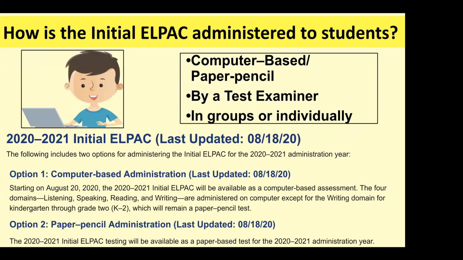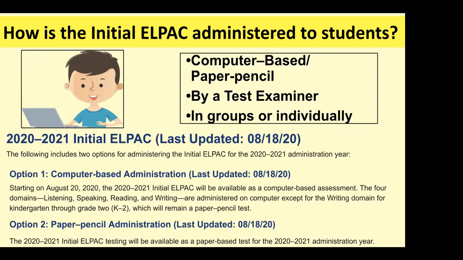How is the ELPAC given to students? The ELPAC should have already transitioned from paper pencil to a computer-based test. However, due to COVID, they extended the time to use the paper pencil. The test is given by a trained test examiner. For our youngest students in kindergarten through second grade, the test is given individually.